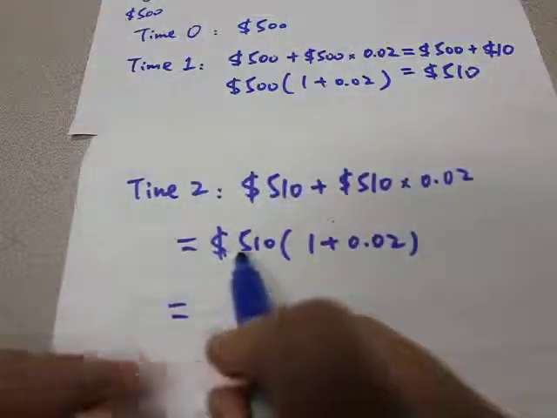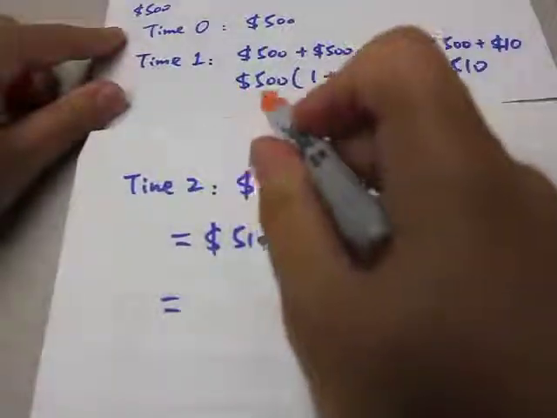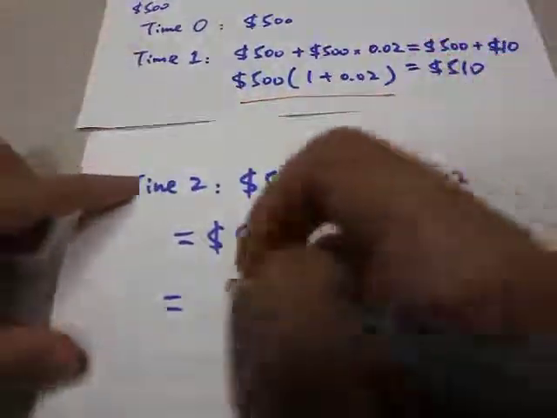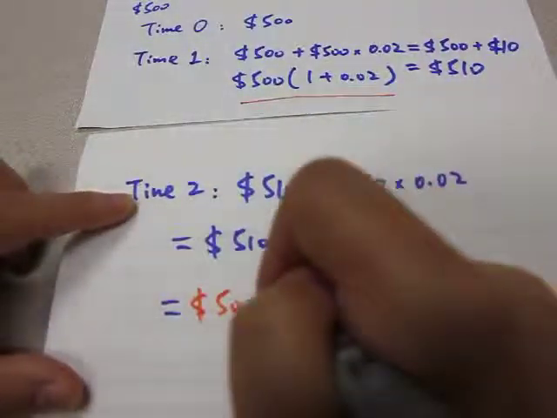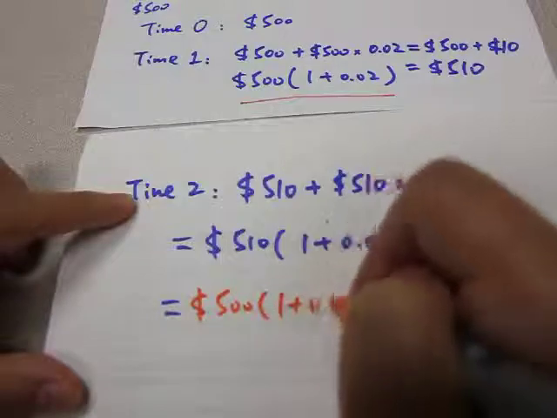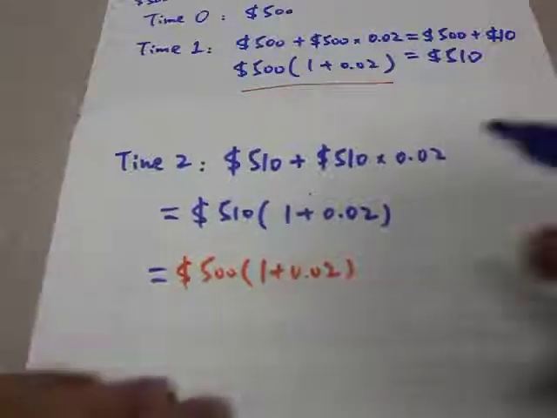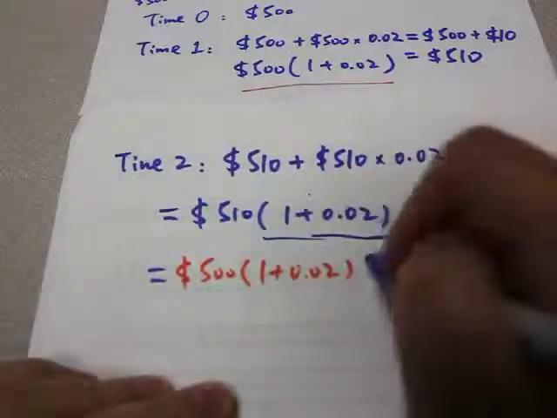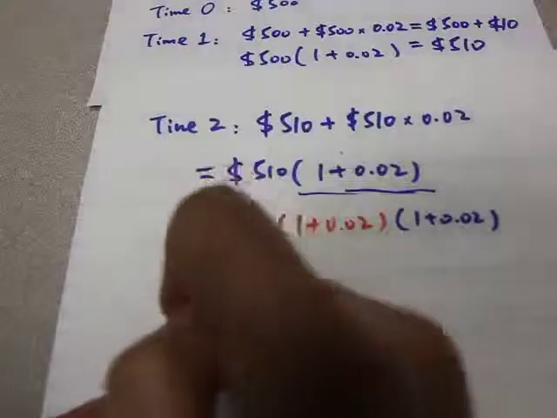And because 510 is equal to this, now I write 510 in terms of 500 times 1 plus 0.02, and multiply by a second 1 plus 0.02.